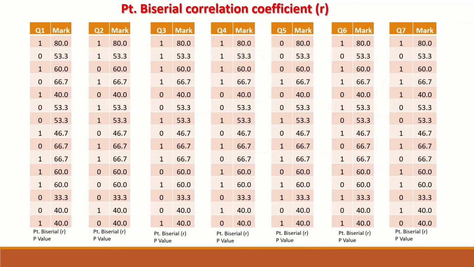To calculate the R, which is the coefficient, or to execute the point-biserial correlation statistical test, take every question with its values, the scores 0 and 1, and correlate that with the total mark for the whole group of students. And we do this for every question or every item to generate a specific R value for each question and the P value for that question. This is how it is done in a statistical package or software.